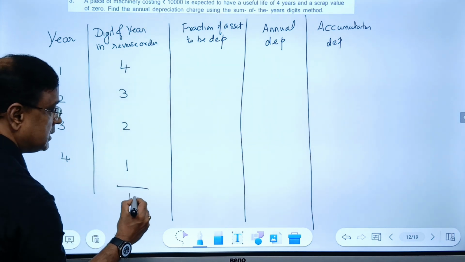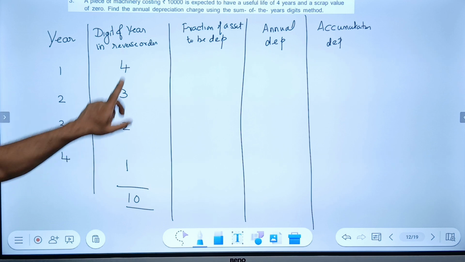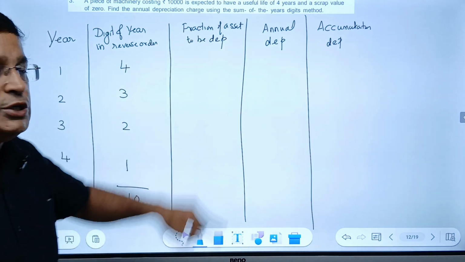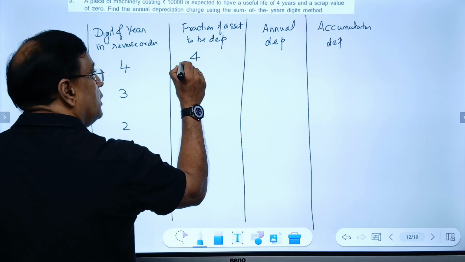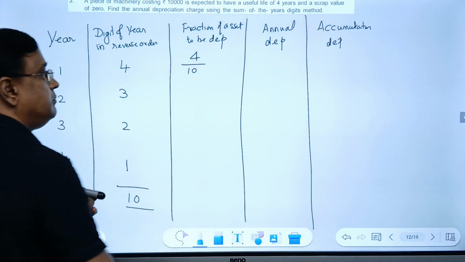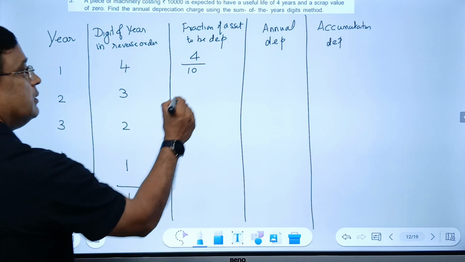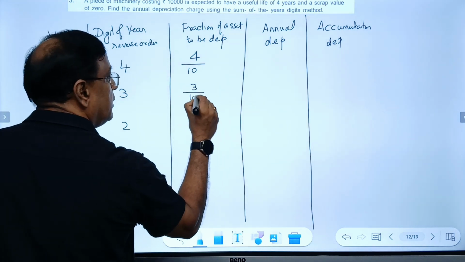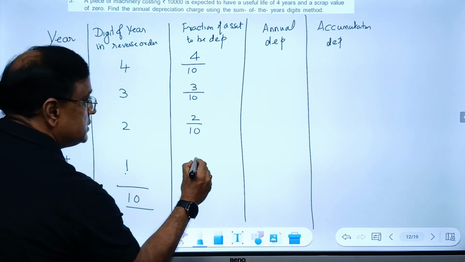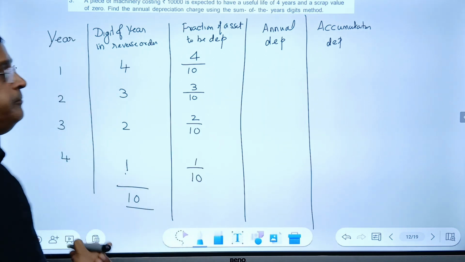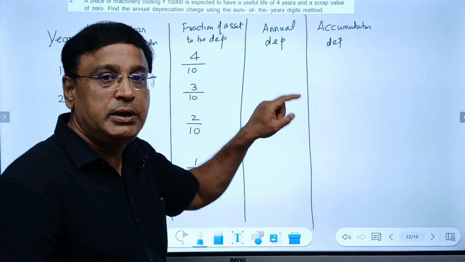The total is 10. 4 plus 3 plus 2 plus 1 is 10. The fraction of the asset to be depreciated is 4 divided by 10, 4 out of 10. Then 3 out of 10. Here 2 out of 10. In this case it's 1 out of 10. Clear? That's why it's called the fraction of the asset to be depreciated.